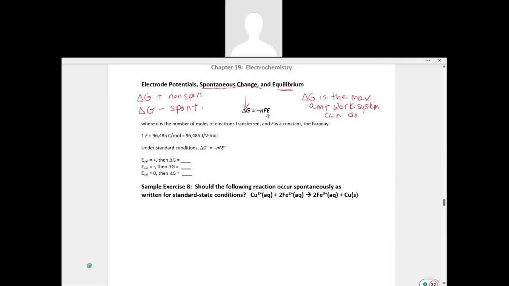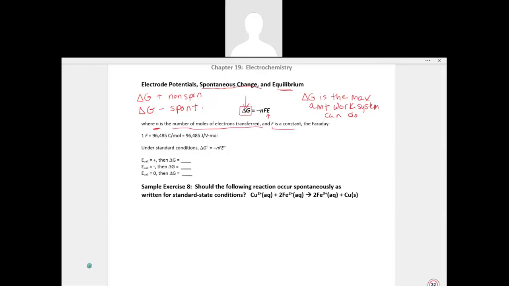And that's what we're going to exploit here. We're going to find out if our reaction will be spontaneous by relating this E value, the cell potential. The n seen in this delta G equation references the number of moles of electrons that are transferred during these redox reactions.